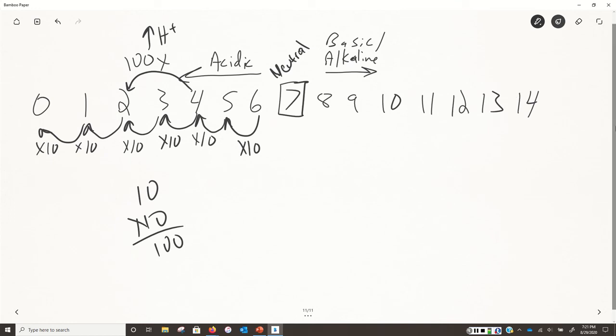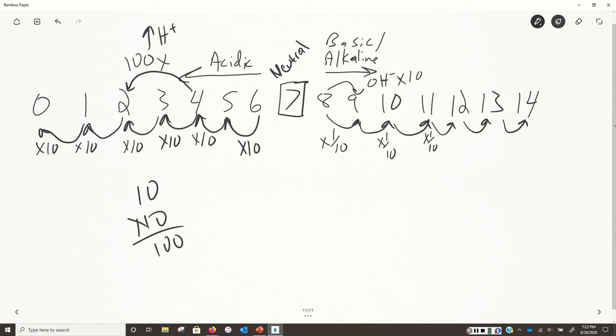And there's two ways to think about alkaline. Each step along the way, the H plus concentration goes down by 1/10. All along the way. Now, sometimes you will also see, as we go up, the OH minus concentration goes up by 10.